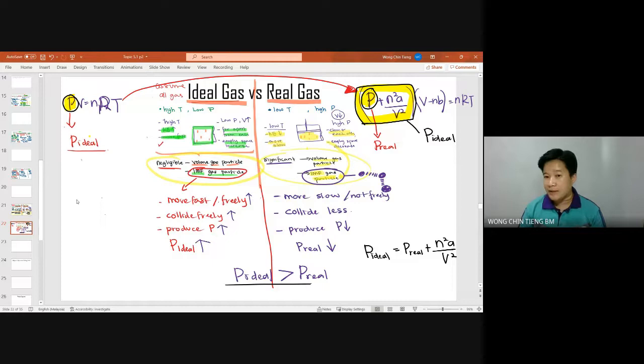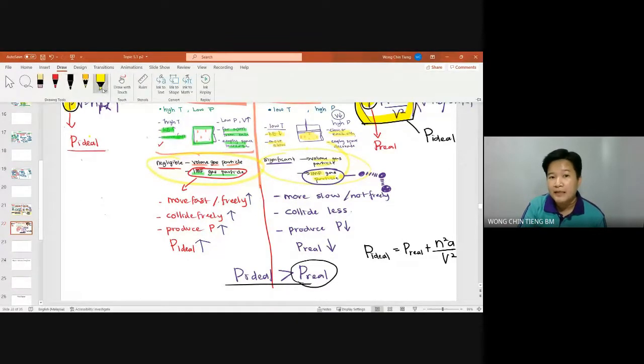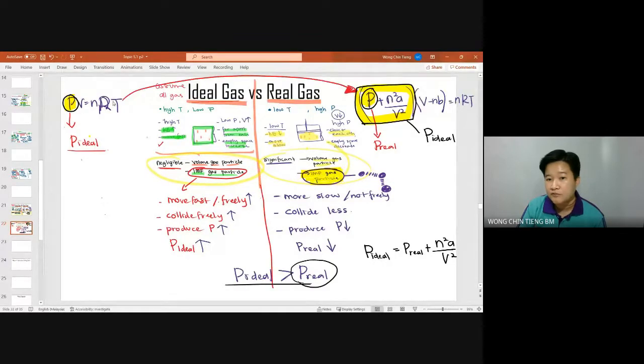Kenapa kena tambah dengan something? Kita nak tambah balik apa yang dah berkurang tadi. Apa yang berkurang tadi? Apa yang menyebabkan tekanan real berkurang? If you remember, the only thing that I highlight, apa yang menyebabkan dia collide kurang? Intermolecular force of attraction. So what is this correction about?